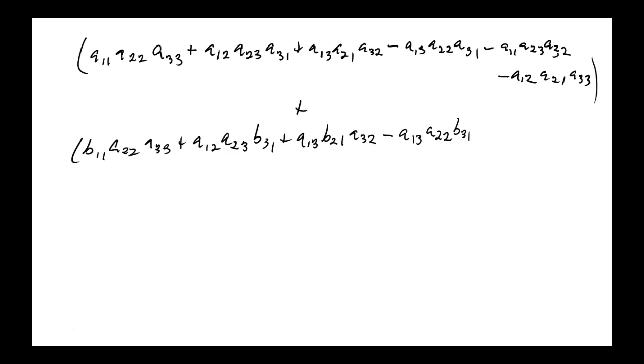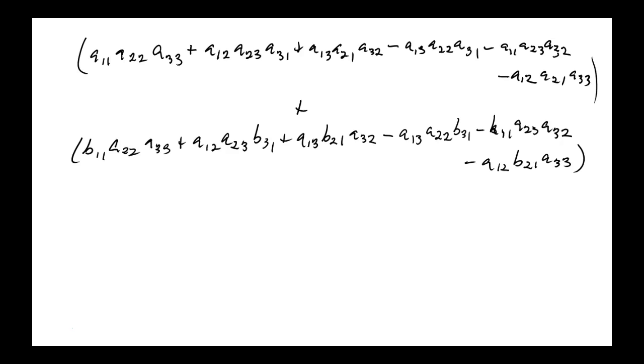You went top right to bottom left. I guess it doesn't matter. It does not. Multiplication is commutative, right. Minus B11, A23, A32, minus A12, B21, A33.